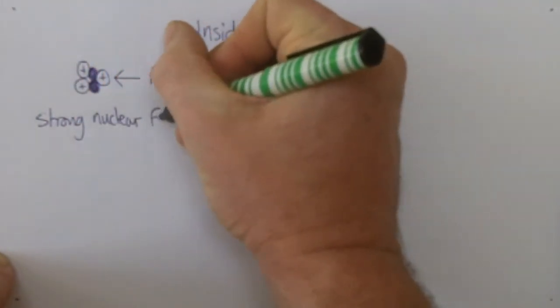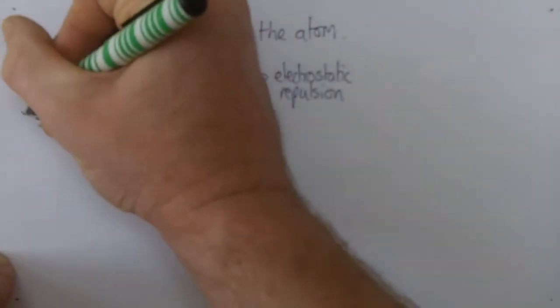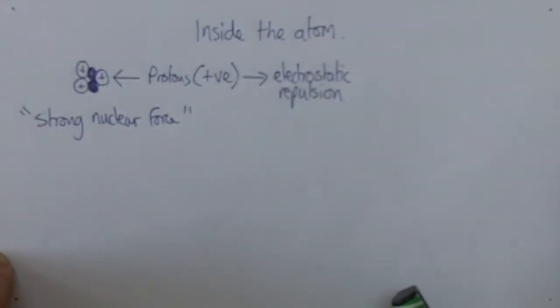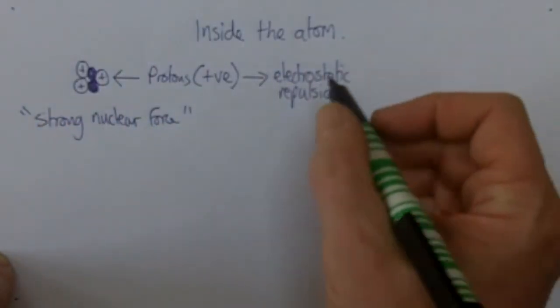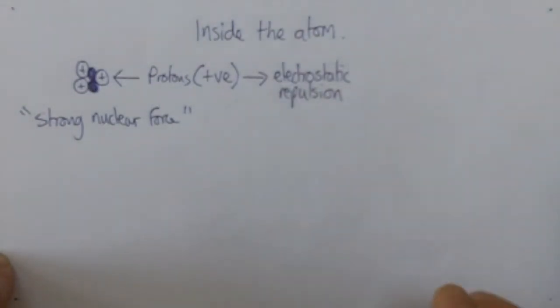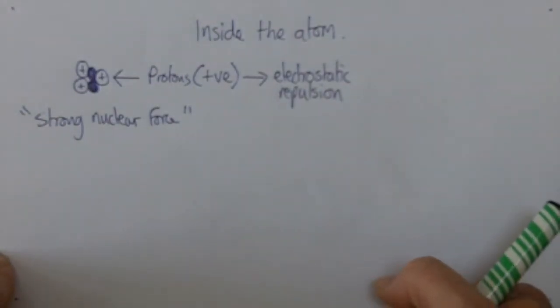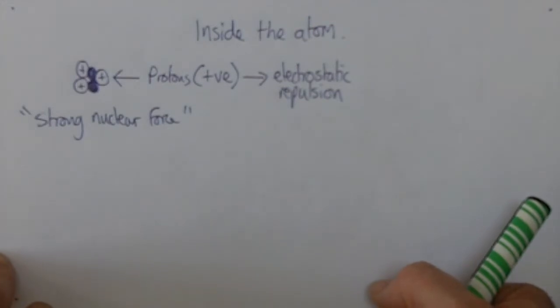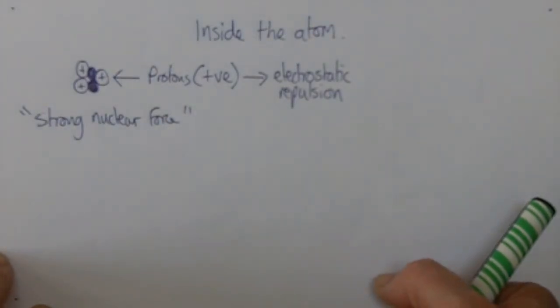Now, the strong nuclear force is what holds the atom together. So protons at a distance have an electrostatic repulsion. They don't like being near each other. And as you bring them closer and closer together, the force of repulsion between them gets bigger and bigger and bigger.